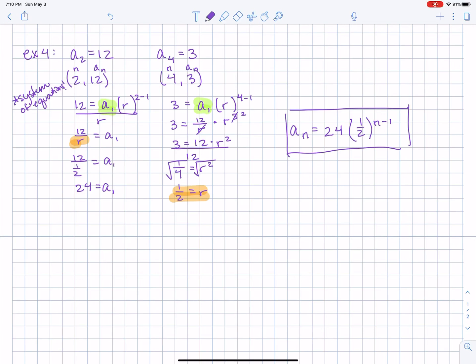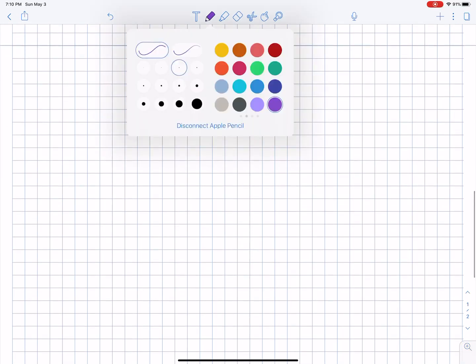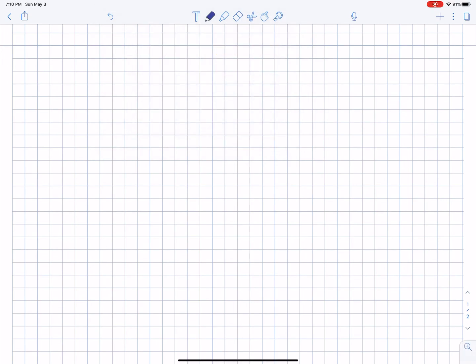So that's all of our writing formulas, but if you read our chapter, you also noticed that we had a little bit of the sums of geometric sequences. And we use S to note that it's a sum. So S sub n is equal to, it's a little bit different.